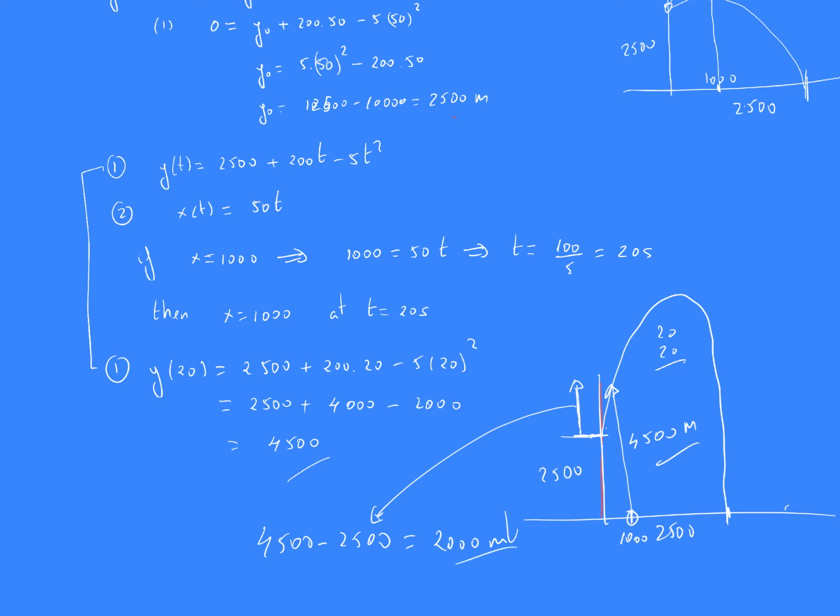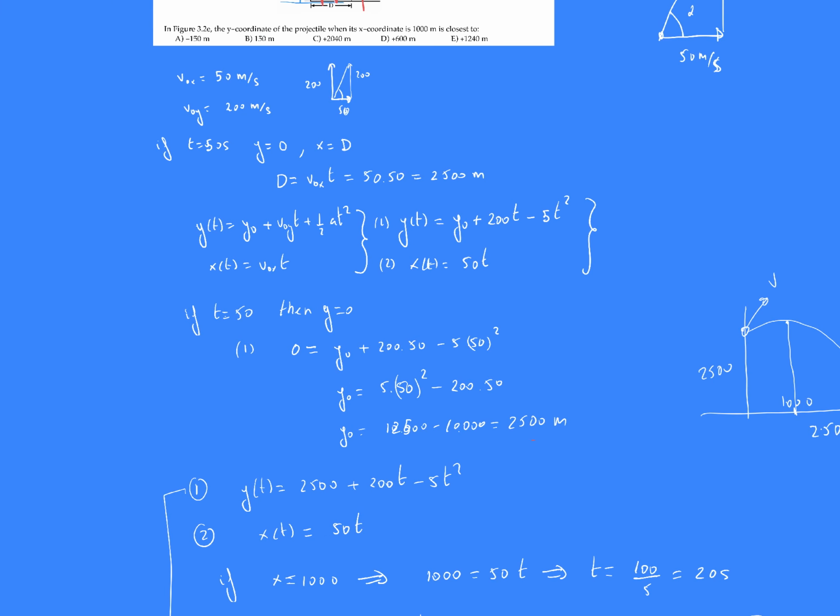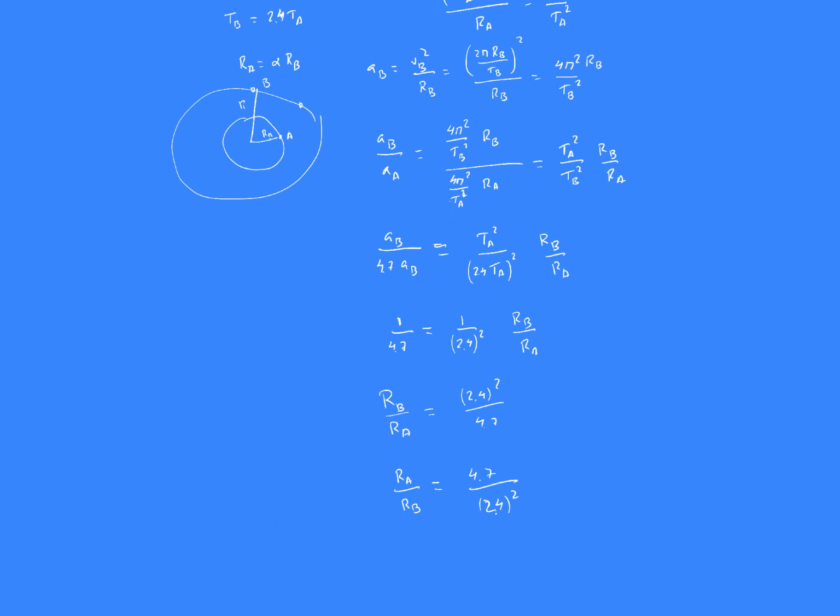Probably he wants me to tell you these 2,000 meters. So if we go to the equation, there is something that says something like 2,000 meters. It could be this one, 2,040 meters. Let's go to the next problem.